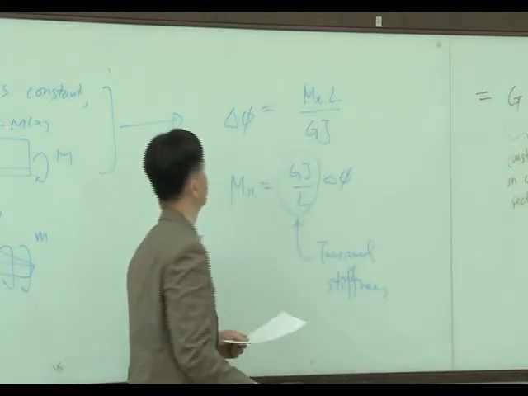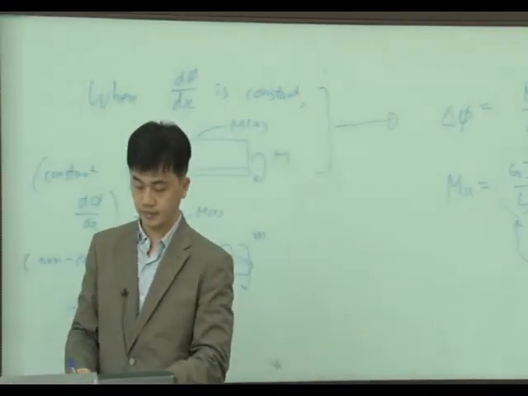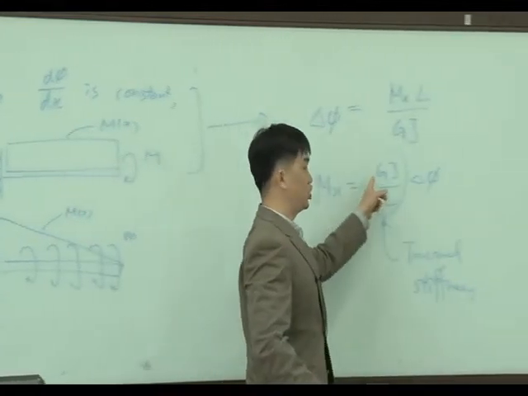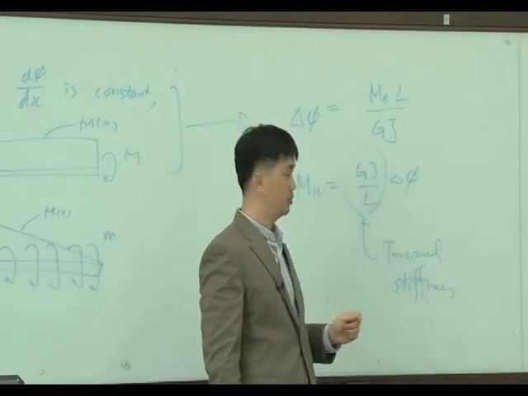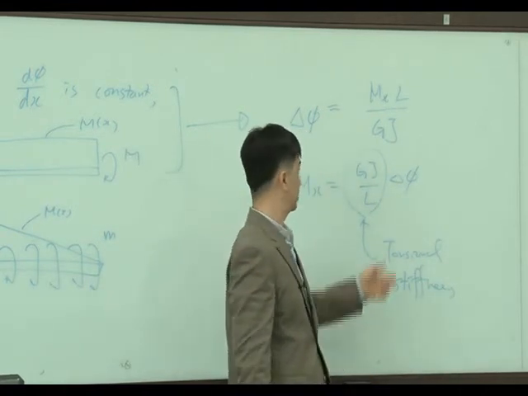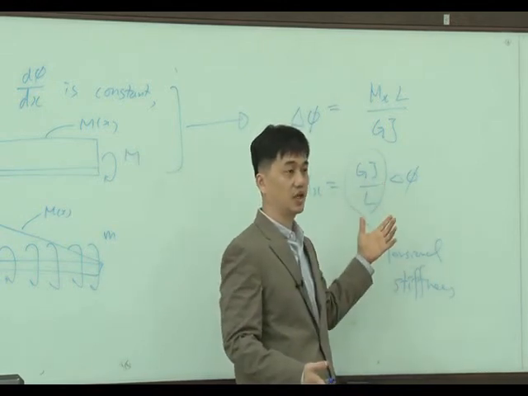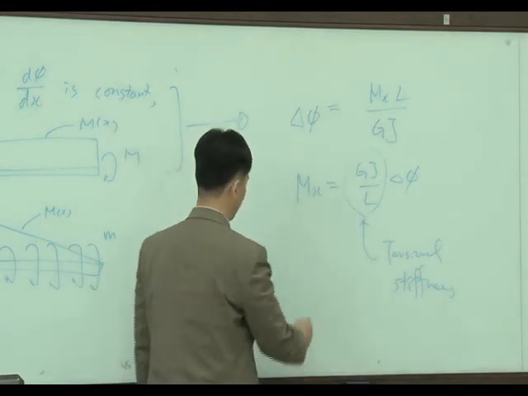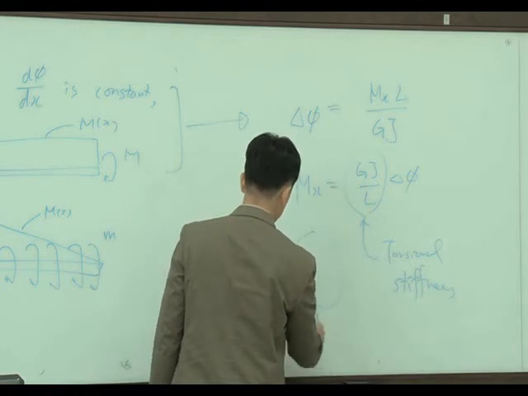So, when G, the shear modulus, is big, torsional stiffness is big, right? This is very reasonable. J is big, which means the R is big, right? In this case, J is big, right?